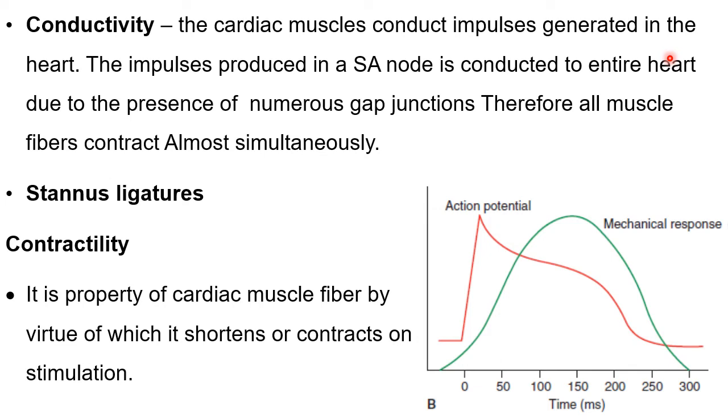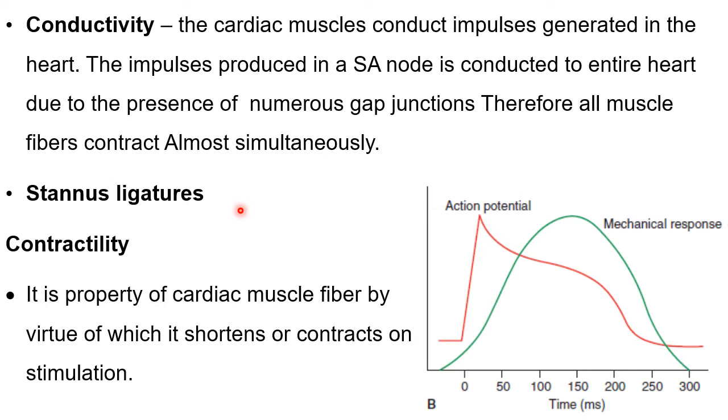Therefore, due to presence of these gap junctions, the electrical impulse is conducted via the gap junctions to all the muscle fibers. Therefore, all the fibers contract almost simultaneously. Now, this conductivity property is demonstrated by Stannius ligatures, in which the ligature is tied around the SA node, then another Stannius ligature, and then whether the heart beats or not is studied.